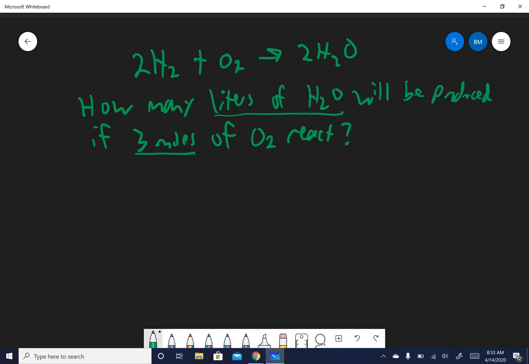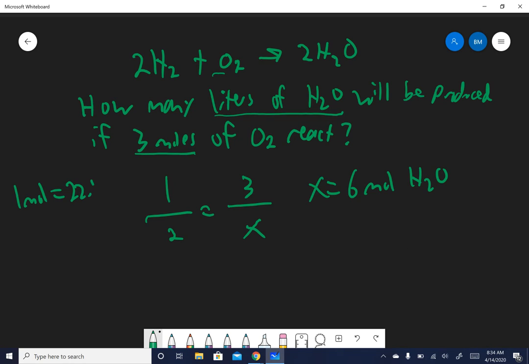So now it's the same exact thing I just did, but in reverse, meaning now I'm going to do my proportion first. 1 to 2 is equal to 3 to X. I'm going to speed this up. I'm not going to label everything. 1 oxygen, 2 moles of water. If I change the 1 to a 3, how many moles of water? That's going to be 6 moles of H2O. That's not the answer though. Now I use my 1 mole, I'll put it over here. 1 mole is equal to 22.4 liters.